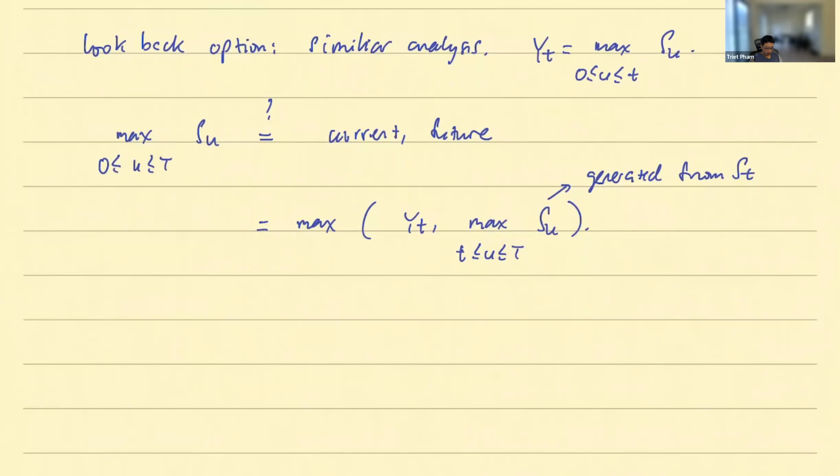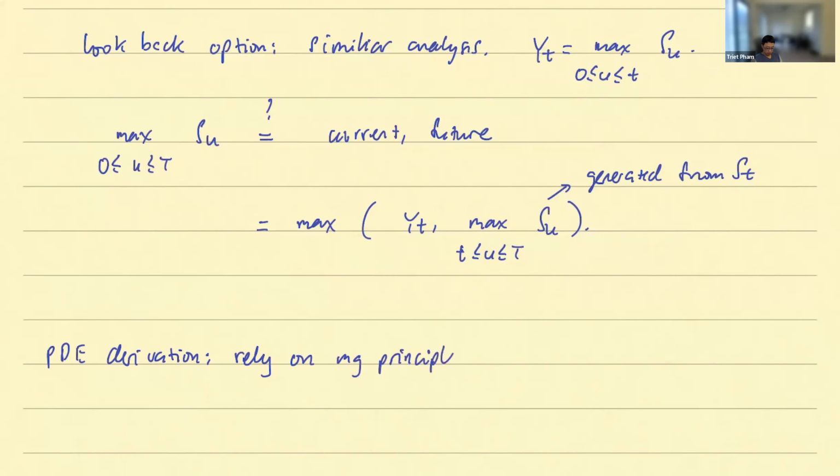Okay. So now that we have established that, how do we establish the PDE? For the PDE, we rely on the martingale principle, except that there's something further that we need to talk about.